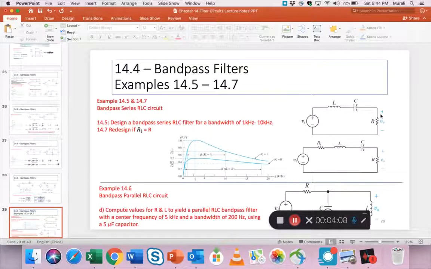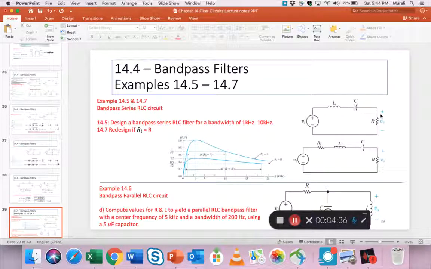Within that, we are trying to design what's called a graphic equalizer. You may know what these are. These are sliders or rotary buttons on amplifiers that help you boost just one set of frequencies. So here this is for a 1 kilohertz to 10 kilohertz boost.